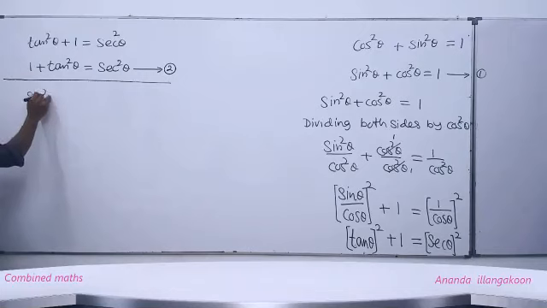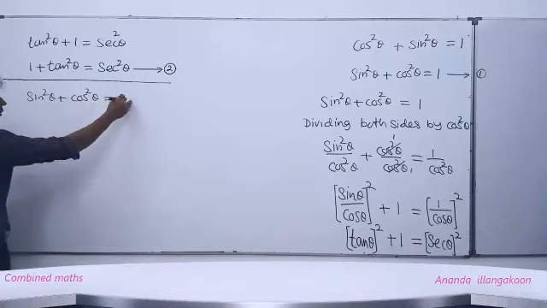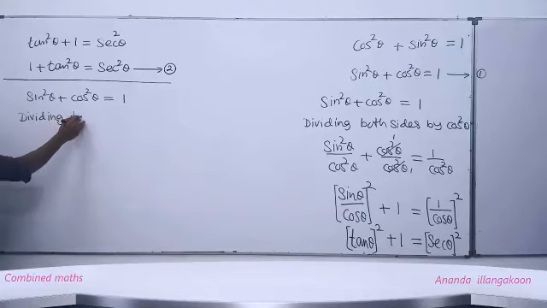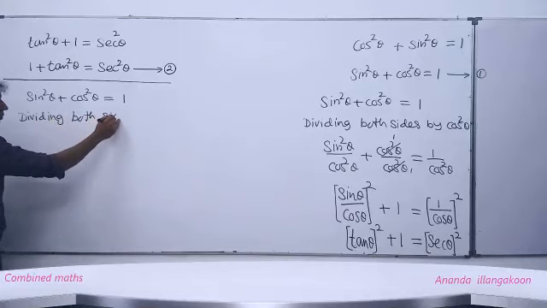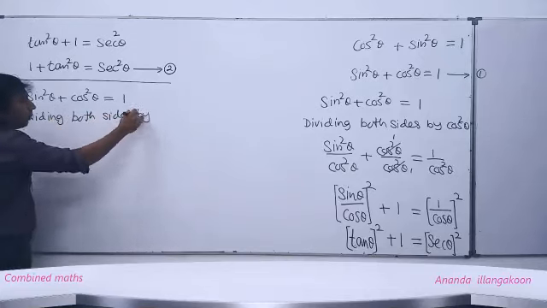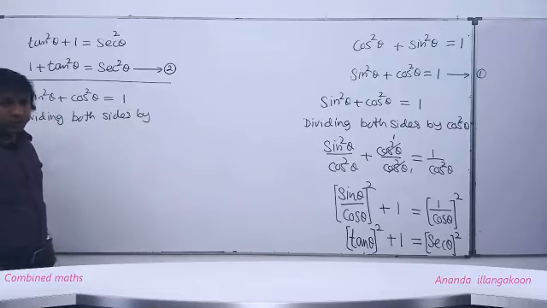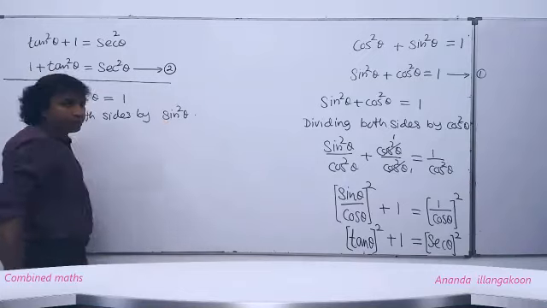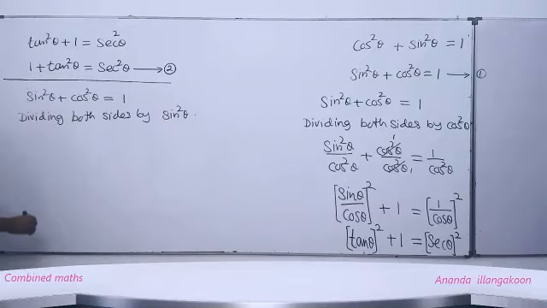Sine squared theta plus cos squared theta is equal to 1. Write down like this. Dividing both sides by sine squared theta. So what do you get?